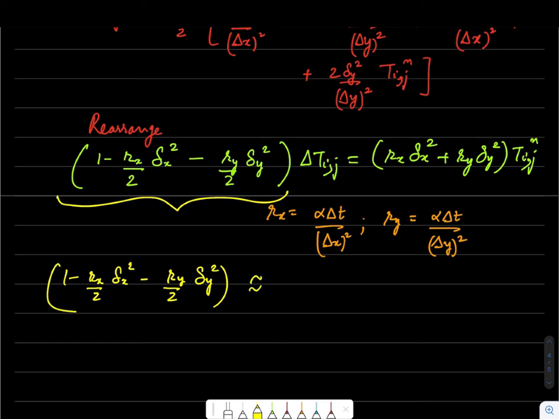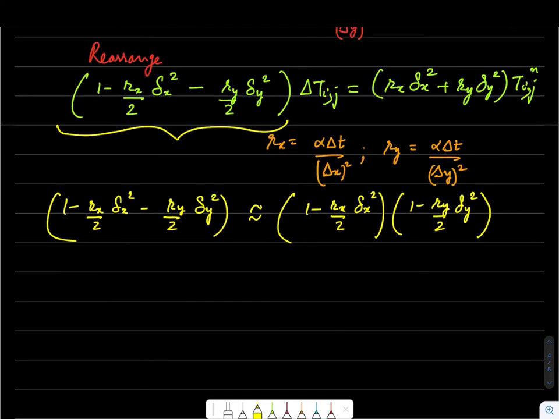I'm going to write this approximately as 1 minus rx by 2 del x square times 1 minus ry by 2 del y square, where I note that this is valid if the product rx into ry is much less than 1, and that the change in the temperature is small.